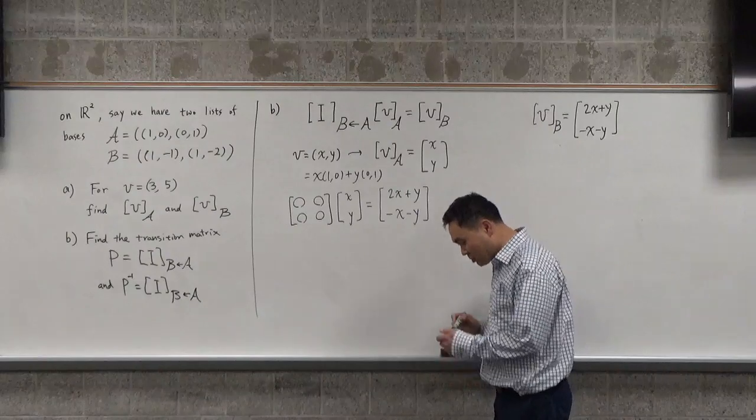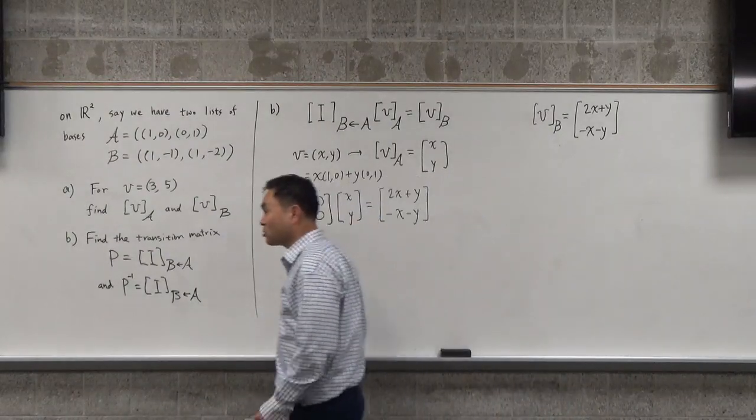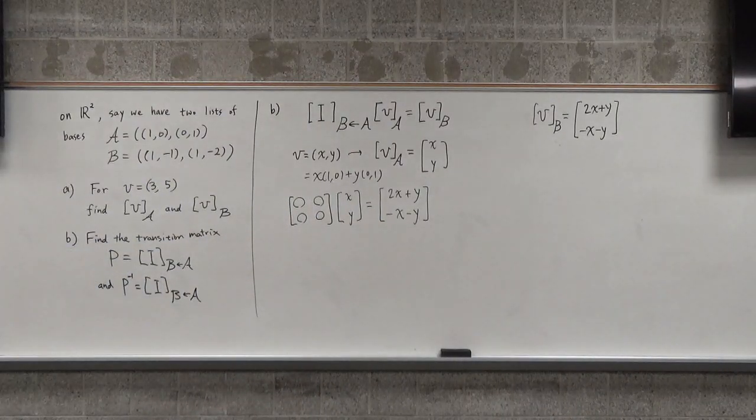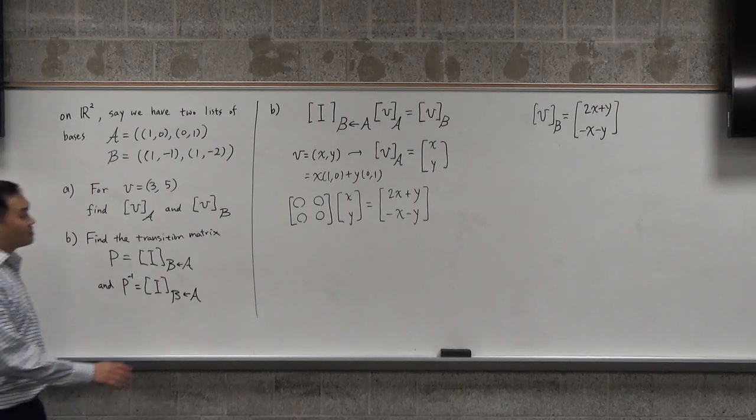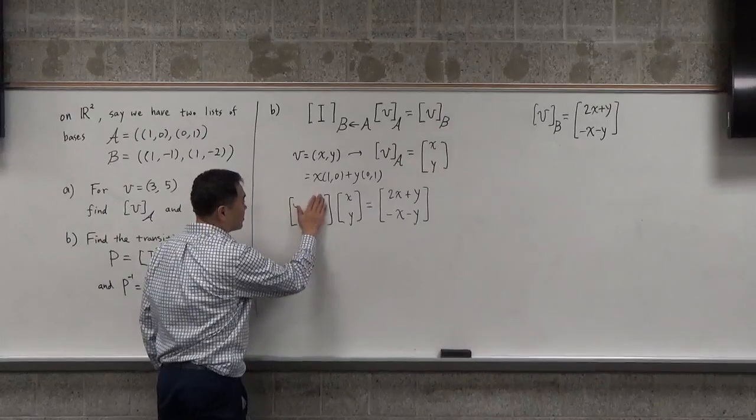So let me give you some time to think about what numbers should be this one. Okay, what's the matrix? 2, 1, negative 1, negative 1.